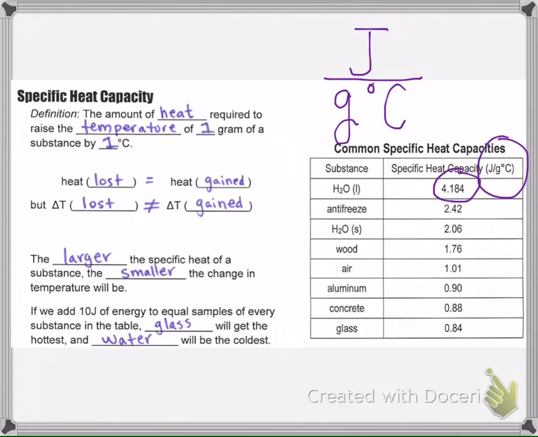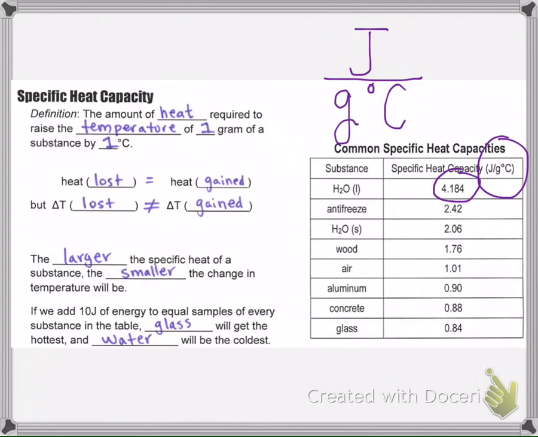Now, the larger the specific heat of a substance, the smaller the change in temperature will be. Therefore, if we put 10 joules of energy into equal samples of every substance, glass will get the hottest and water will be the coolest.